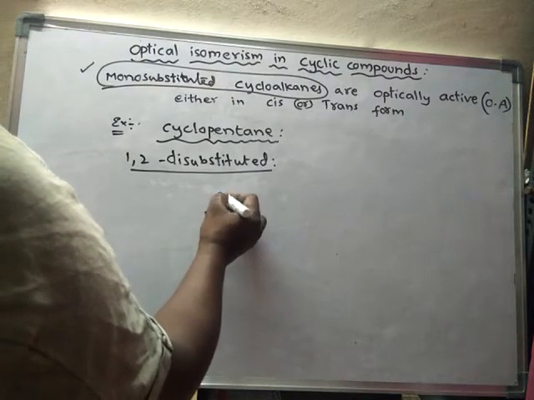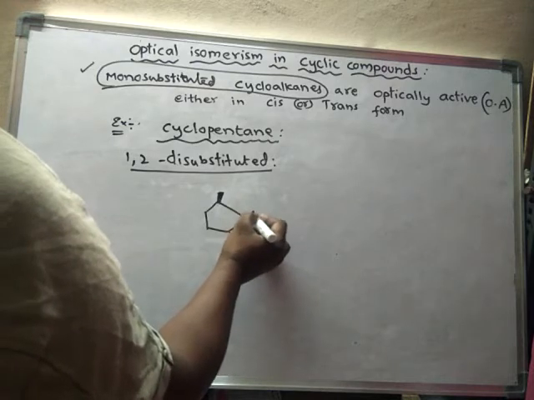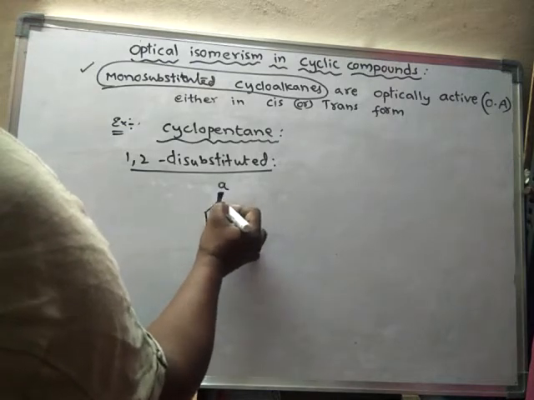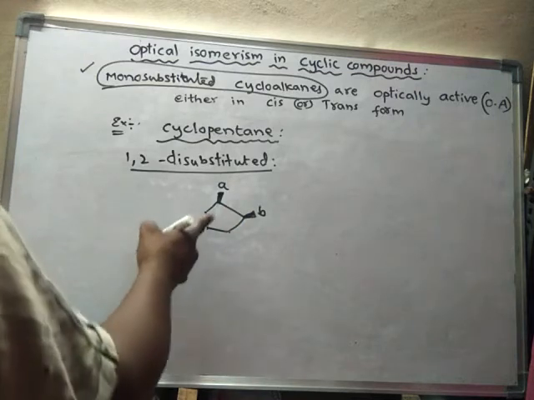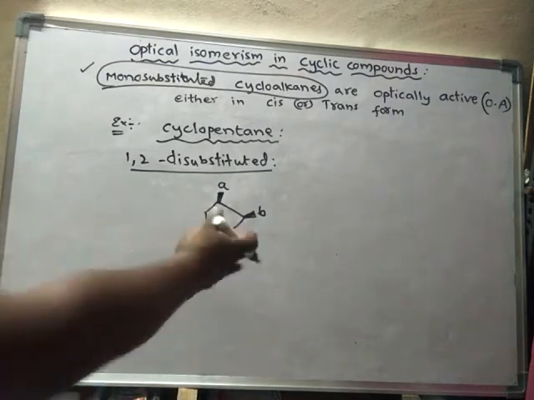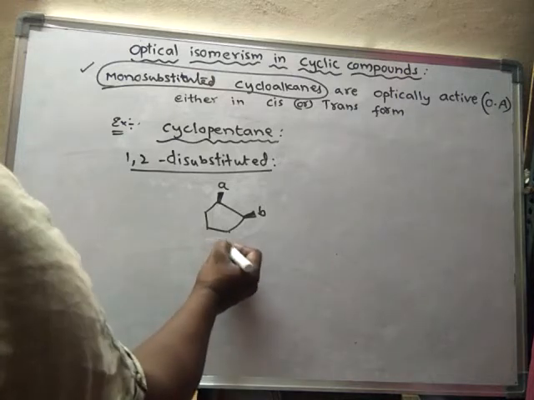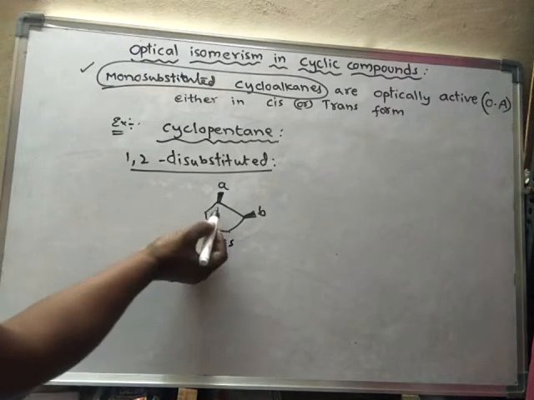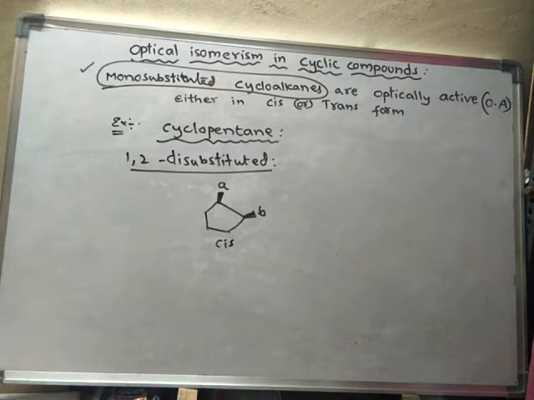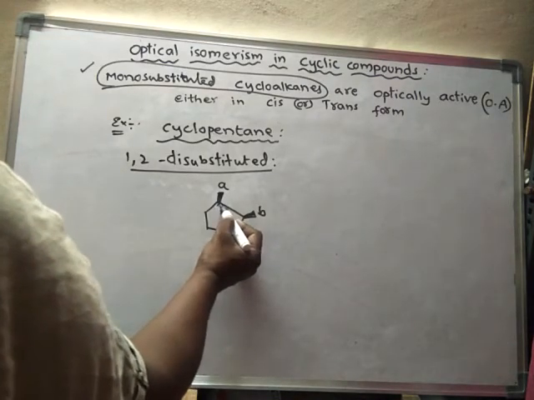Let us draw it like this, A and B. These two are above the plane. Hence it is a cis form, because the two hydrogens will be below the plane.